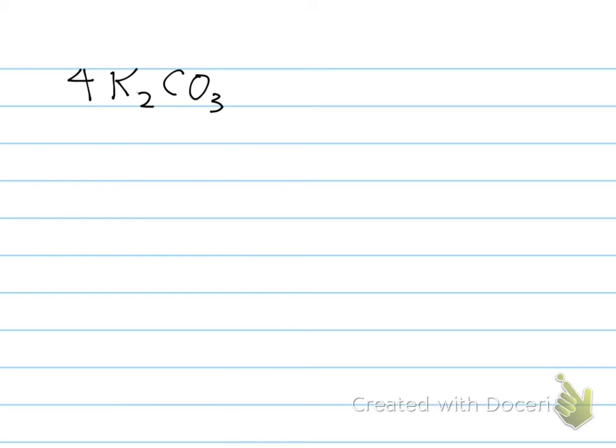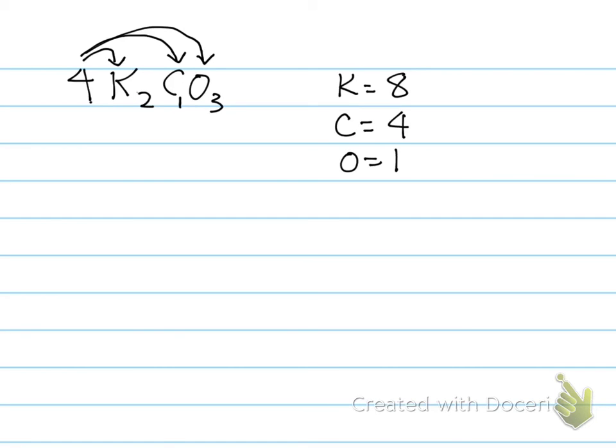So just like we mentioned earlier with the coefficient is going to distribute to every single element in the compound. So for potassiums, we have 4 times 2, which is 8. For carbon, we have 4 times 1, which is 4. And for oxygen, we have 4 times 3, which is 12. So that's how much of each we have.